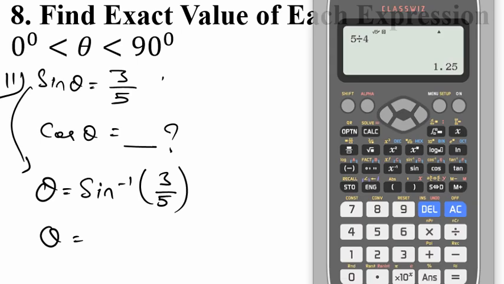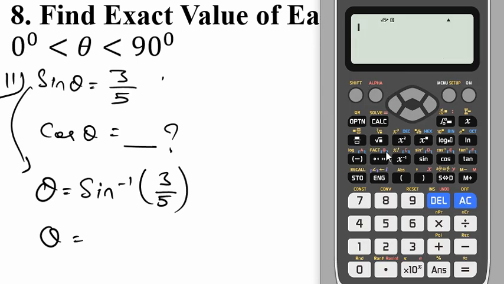Shift, sine inverse 3 over 5, and that is giving me 36.86, 36.87, let's say, rounded.